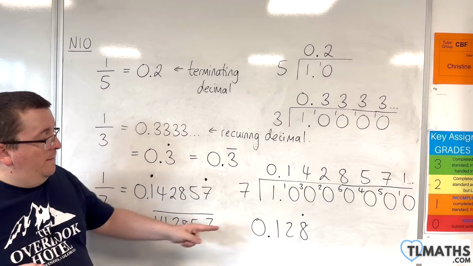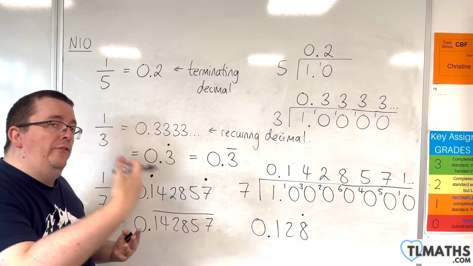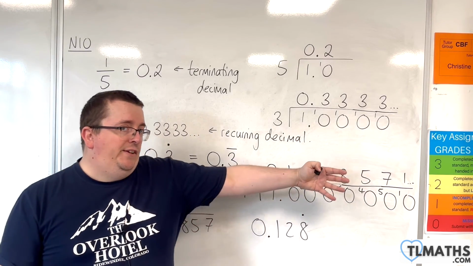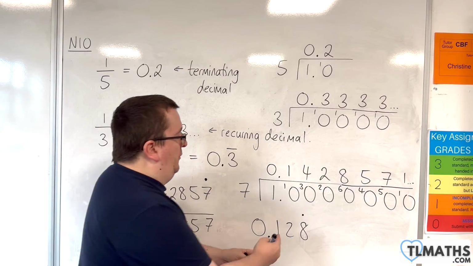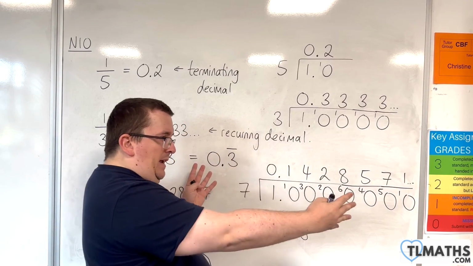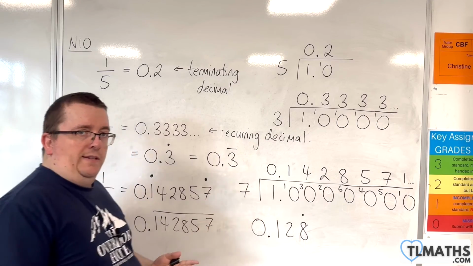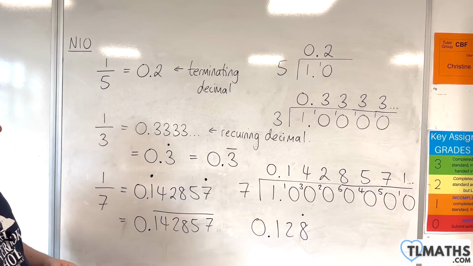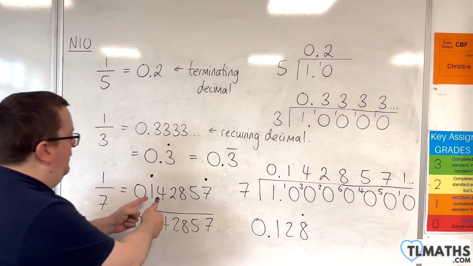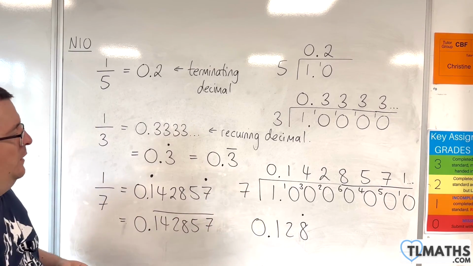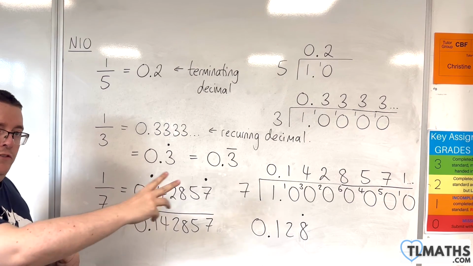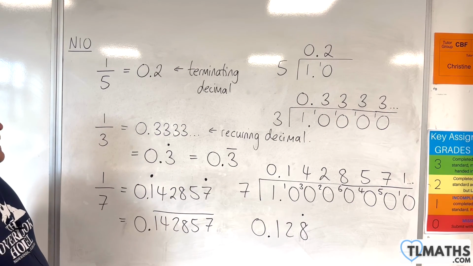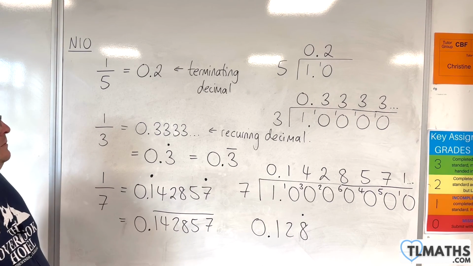Okay, so what that means is it goes 0.1288888888 forever and ever and ever. Okay, so you can have some non-repeating bits at the beginning, and then it starts repeating. You can have a string of values like that, or you can have just one digit, or it could be 0.121212121212 forever and ever and ever.